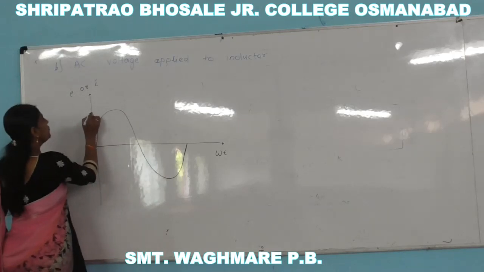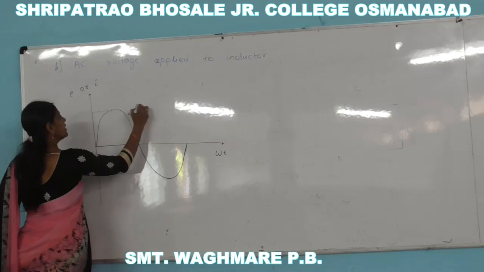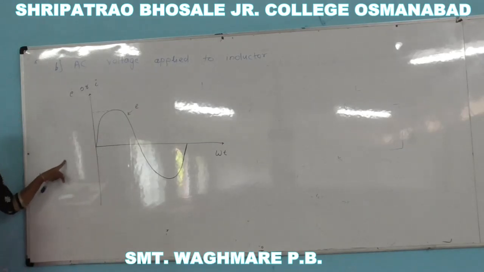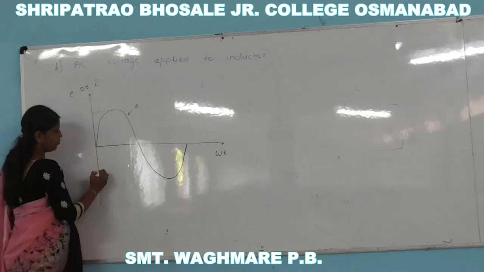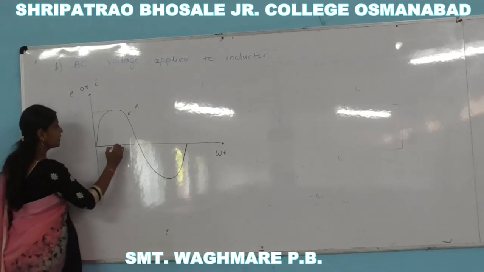This is the peak value of EMF. This is the graph for EMF AC. And current lags behind by pi by 2, and therefore we can draw this diagram of this type.